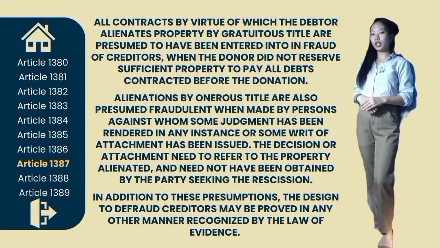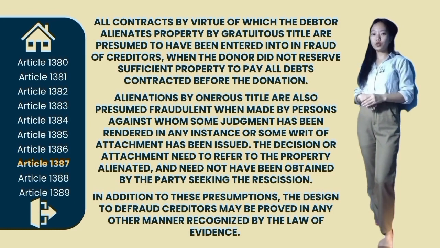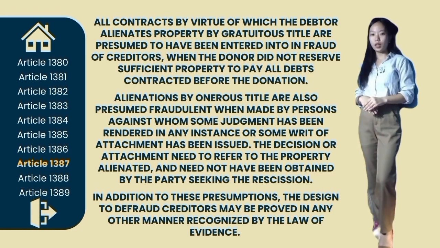In Article 1387, all contracts by virtue of which the debtor alienates property by gratuitous title are presumed to have been entered into in fraud of creditors when the donor did not reserve sufficient property to pay all debts contracted before the donation. Alienations by onerous title are also presumed fraudulent when made by persons against whom some judgment has been rendered in any instance or some writ of attachment has been issued.